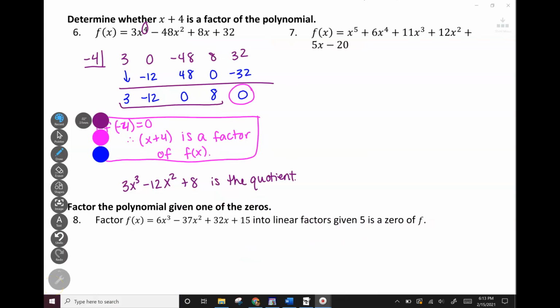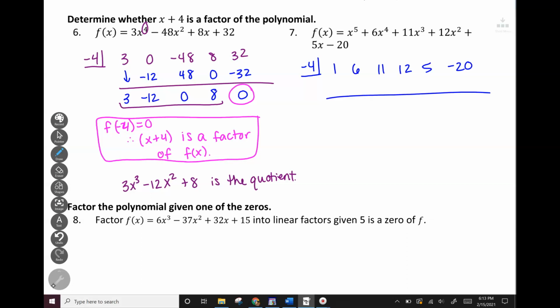All right, let's try that again on number 7. We're checking to see if x plus 4 is a factor again. So we've got -4 in our box. Listing out your coefficients, I don't see any missing on this one. Now we perform synthetic division.